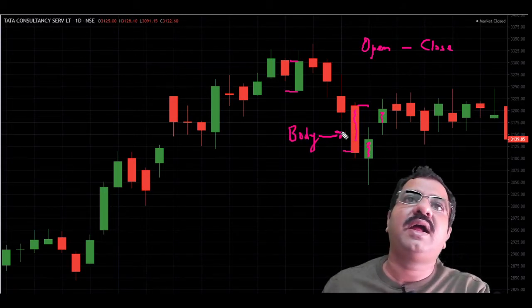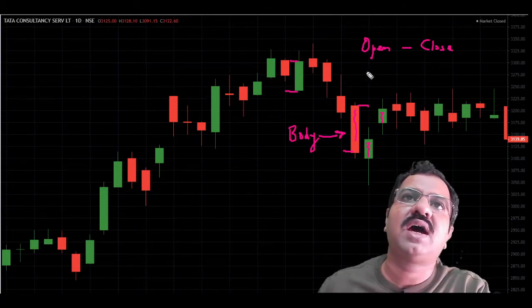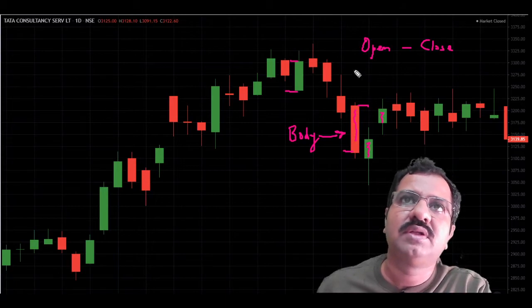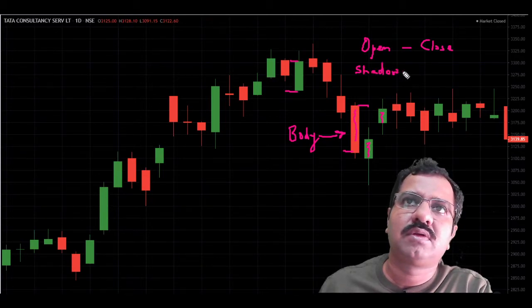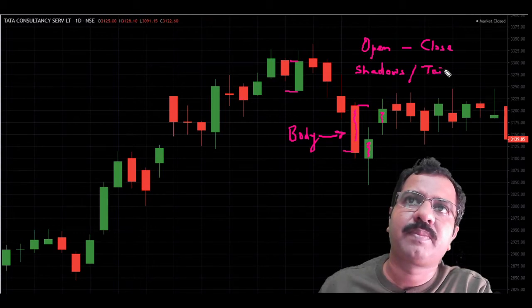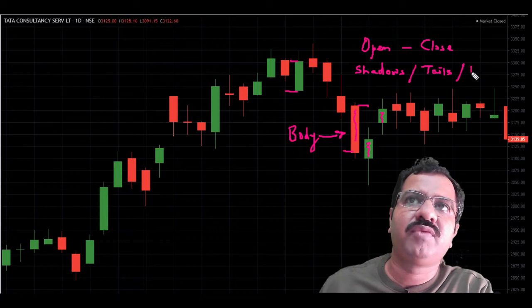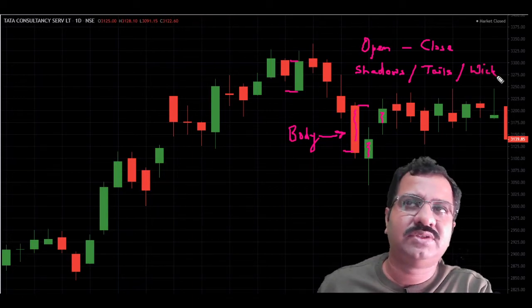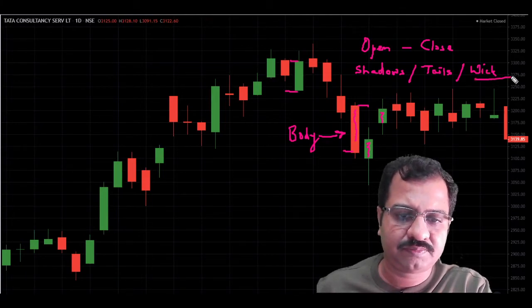Okay, and these lines, these extended lines which you can see are called shadows, or these are called tails, or these are called wicks. Wick. Okay, and generally we will use the word wick for these.